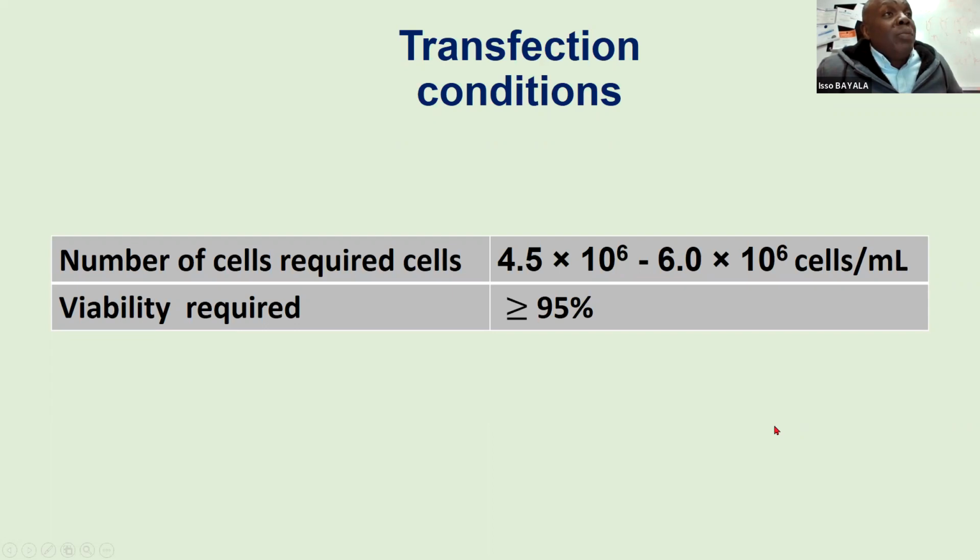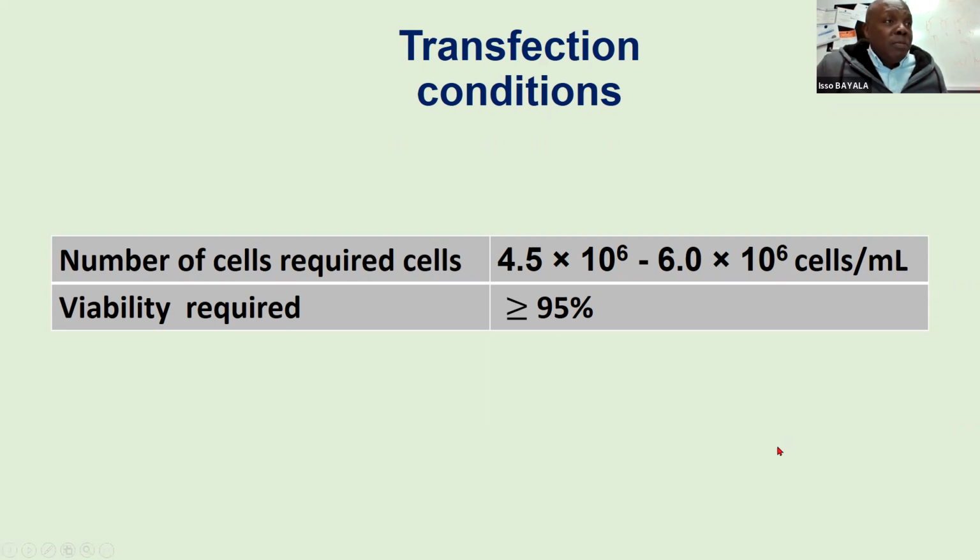Thermo Fisher developed the cell line, and they recommended that transfection is good when you have a cell density between 4.5 and 6 million cells per ml with a viability of 95 or higher. So we were in that range.